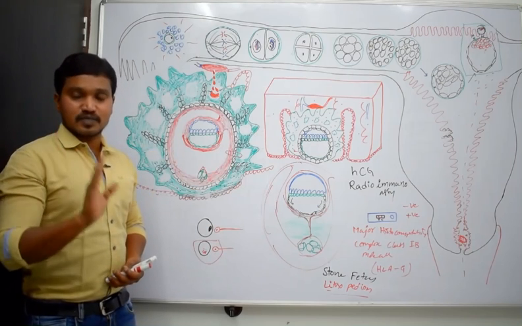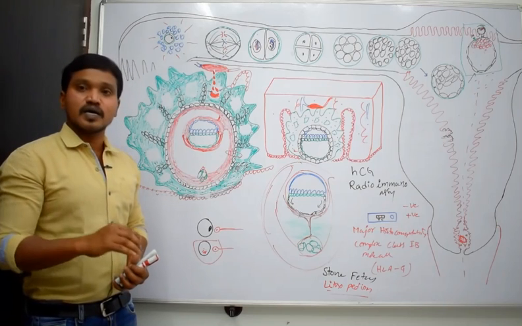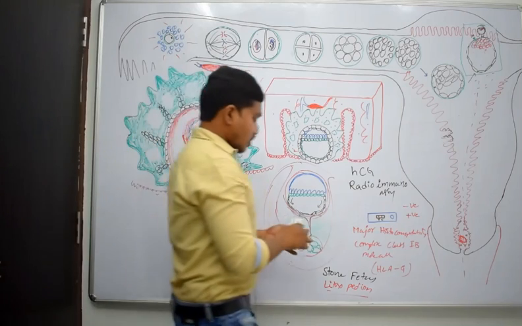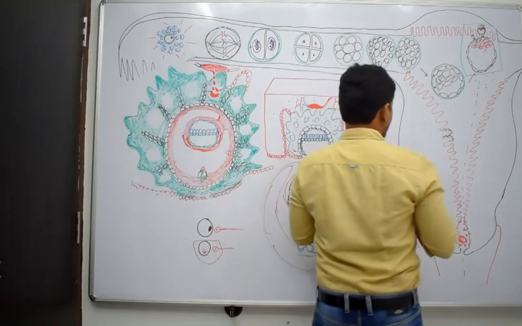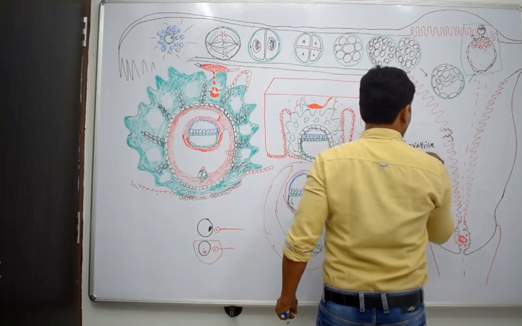But if it persists or if it develops, what will happen? It will develop as a tumor, either benign or malignant. If it develops as a benign tumor, that tumor we call invasive mole.